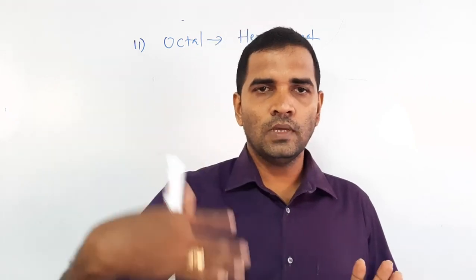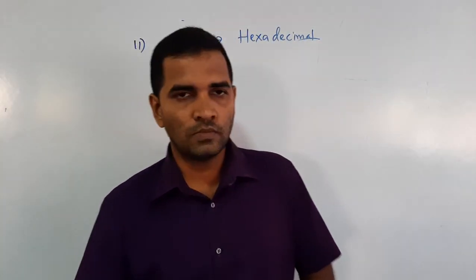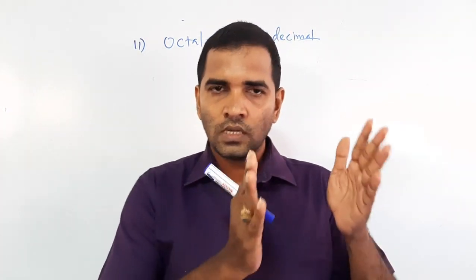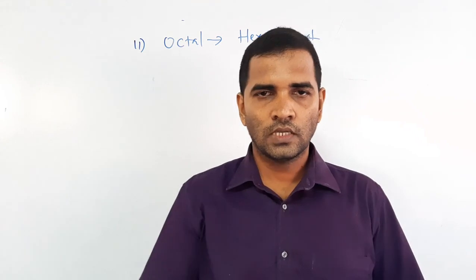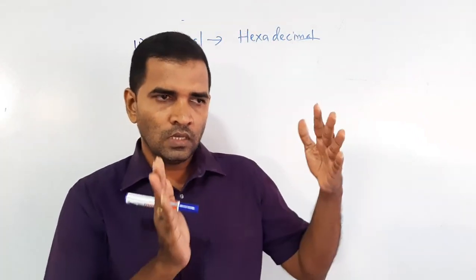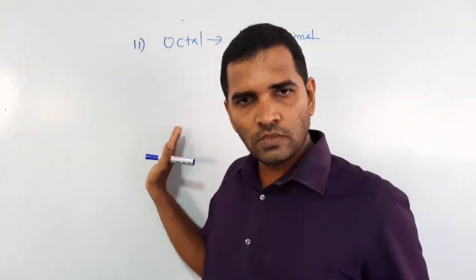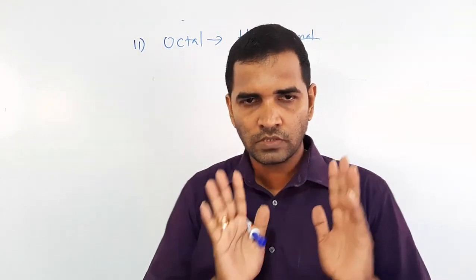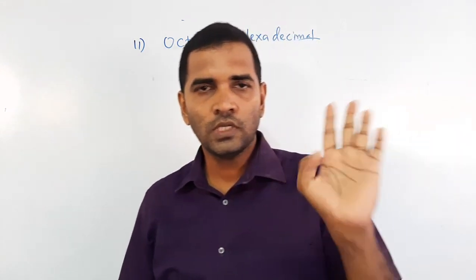Thereafter, that decimal is converted to hexadecimal. That is the first option, right? Converting octal into decimal, then decimal to hexadecimal. You know how to convert octal to decimal and also decimal to hexadecimal. We already studied that.